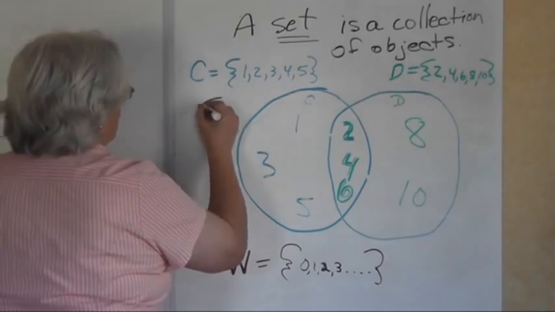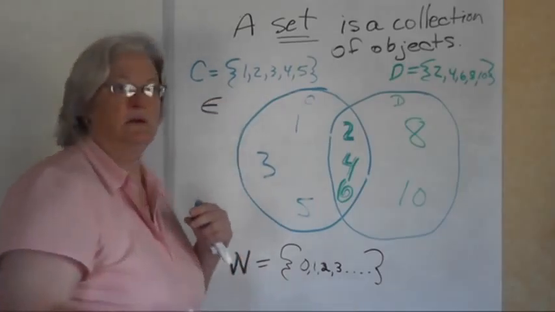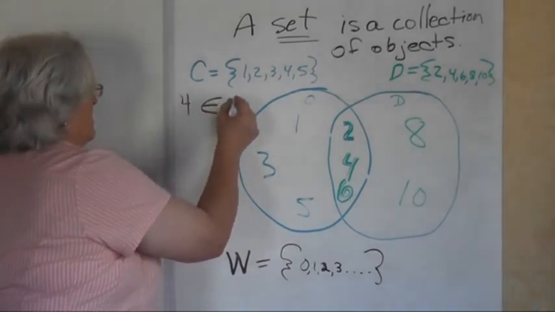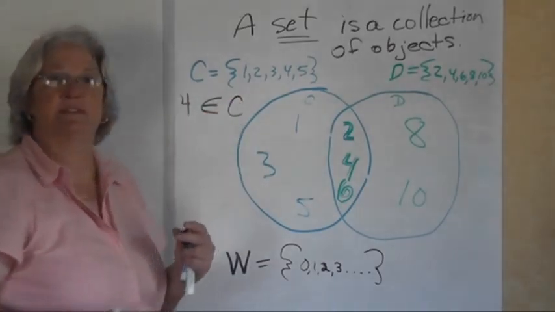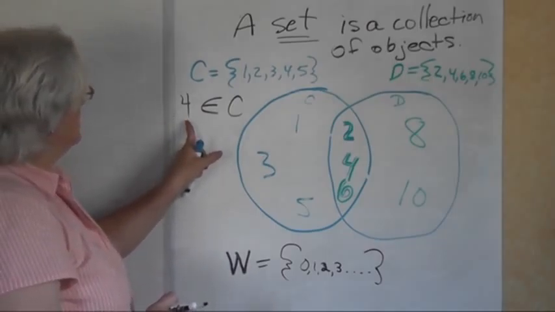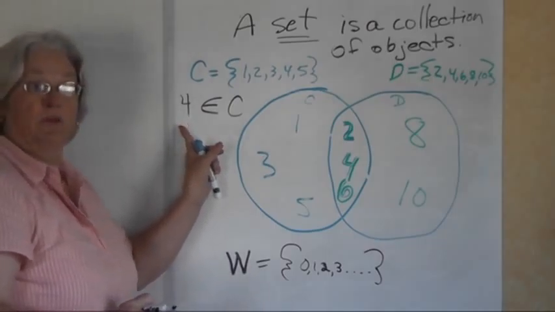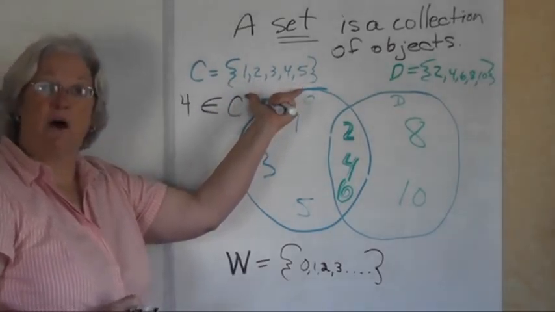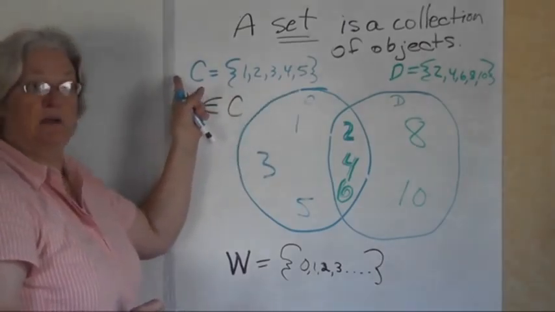It's sort of like an E. So if I said 4 is an element of C, what this means is that the number 4, the numeral 4, is contained in the collection of objects that we've decided to call C.